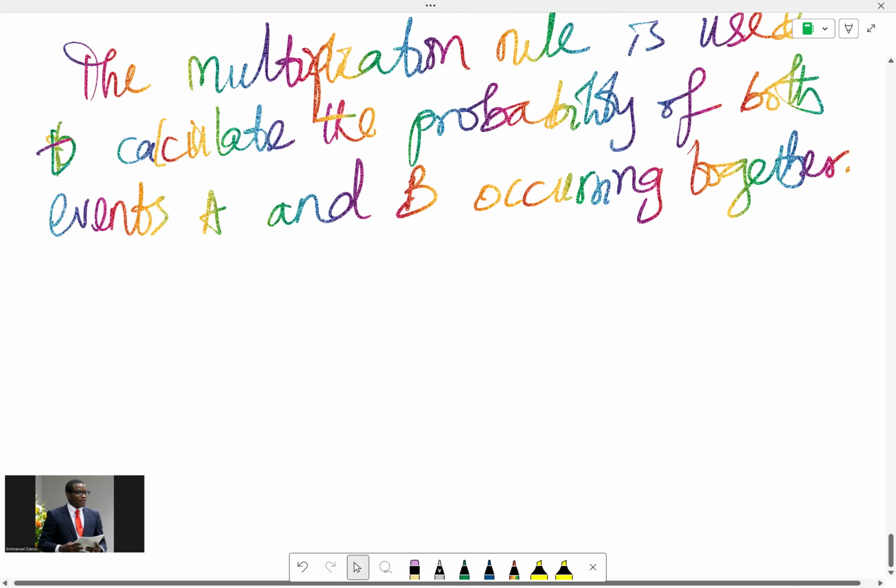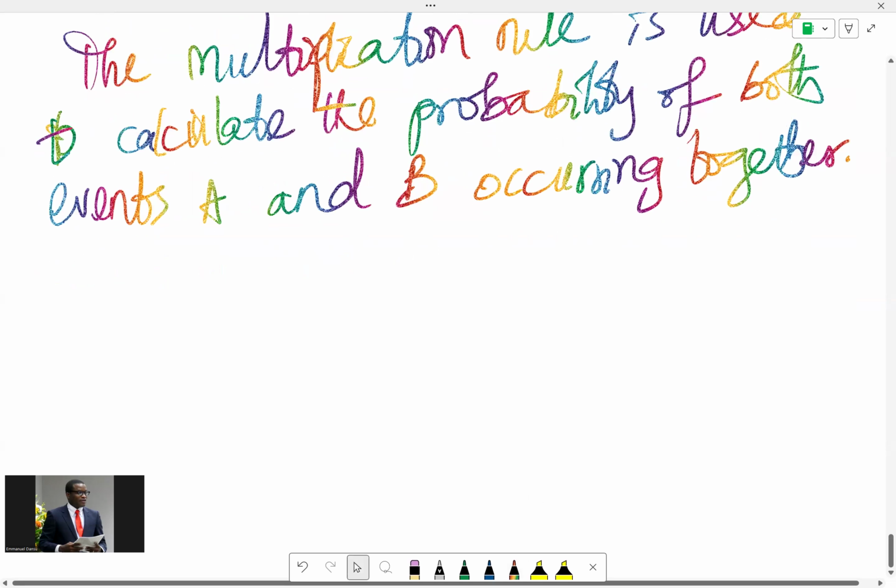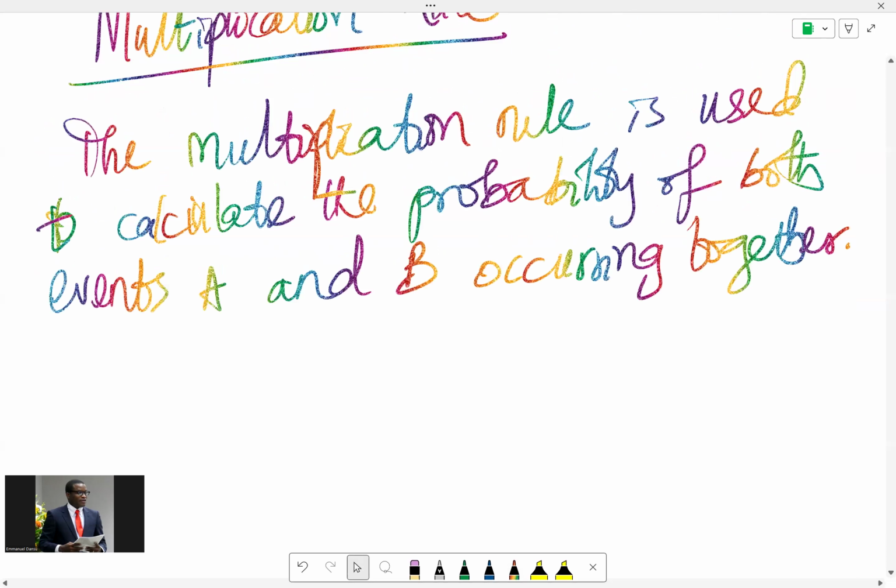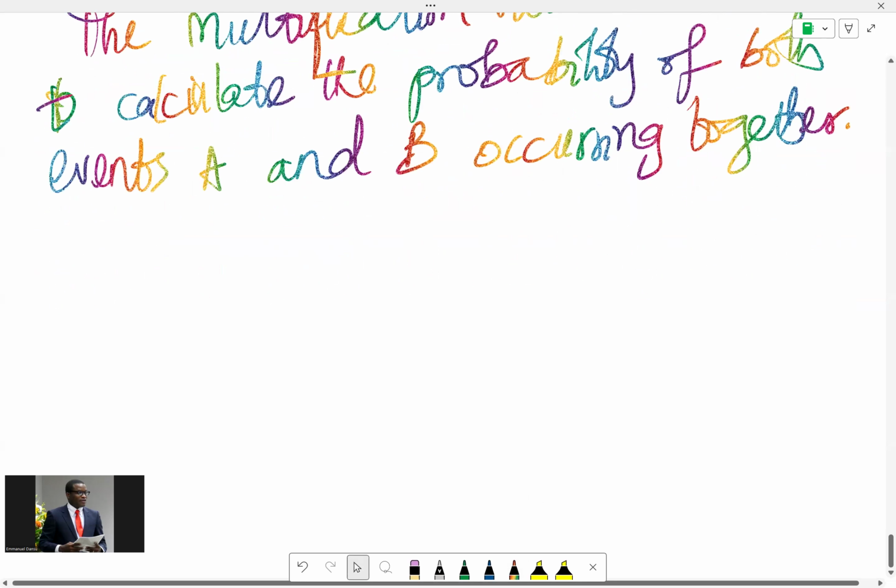Okay, so in this case, we have to consider both independent events and dependent events. So let's start with independent events.